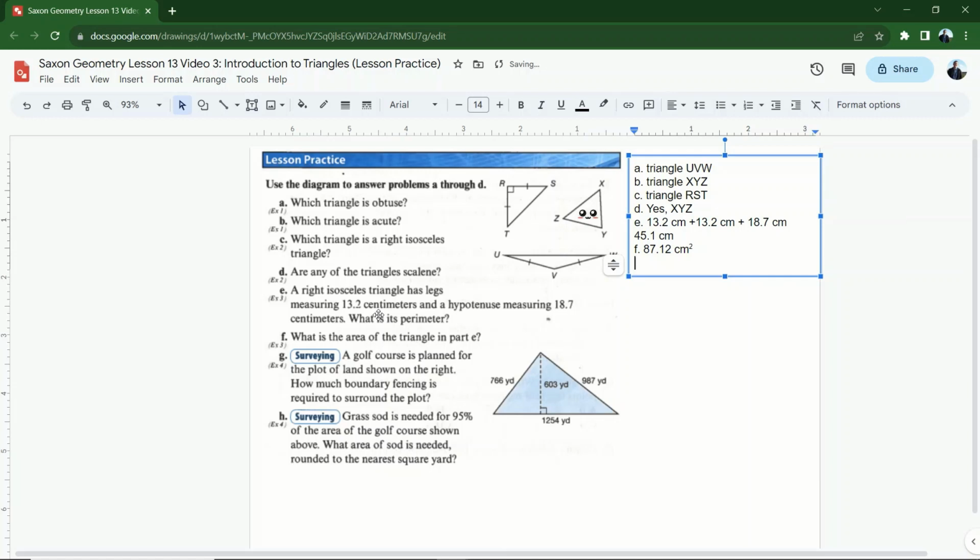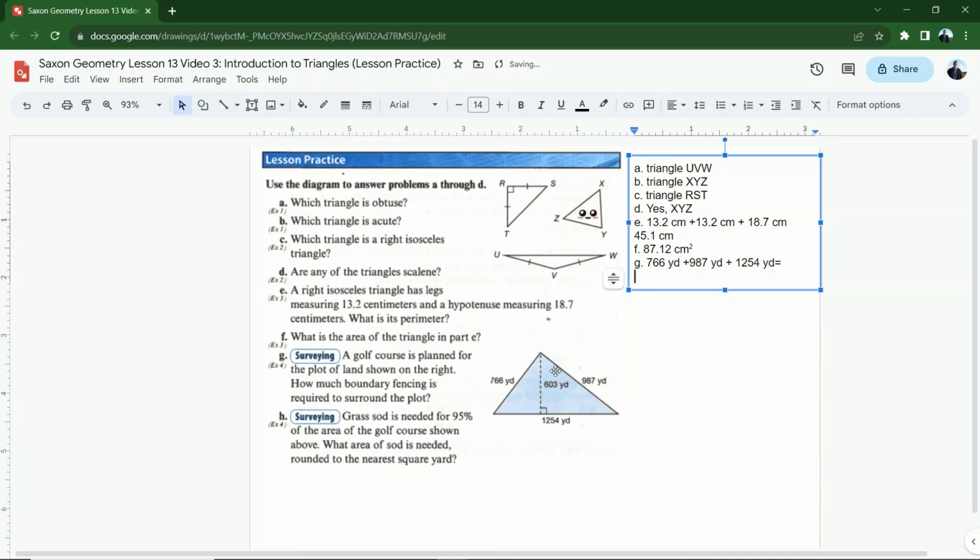All right, next problem type. We're looking for G. A golf course is planned for the plot of land shown on the right. How much boundary fencing is required to surround the plot? Why, that is a perimeter question. The perimeter is just going to be the three sides added together. 766 plus 987 plus 1,254.